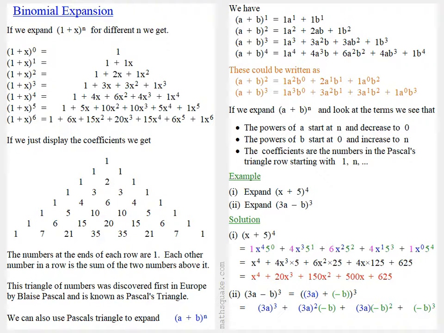And we put in the coefficients, starting with 1 and 3, so that is 1, 3, 3, 1. Now that simplifies to 27a cubed minus 27a squared b plus 9ab squared minus b cubed.